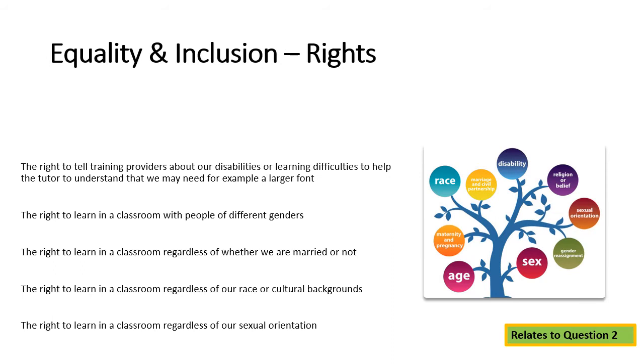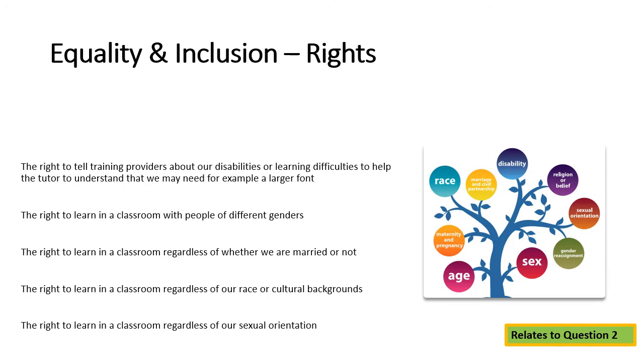So the next 2 slides look at rights with regards to equality and inclusion. Everybody has the right to tell training providers about their disabilities or learning difficulties to help the tutor understand that we may need, for example, larger fonts. And I talked about that a little bit before when we talked about inclusion. It's about having the rights to be involved and adapting things to help people be involved.